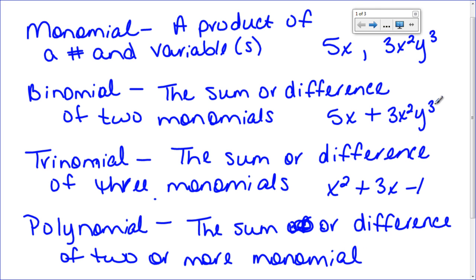So a binomial is considered a polynomial, a trinomial is considered a polynomial, and anything bigger than that, if it's got 4 terms or 5 terms, those are considered polynomials. A monomial, there's just one of them, so it's not considered that.